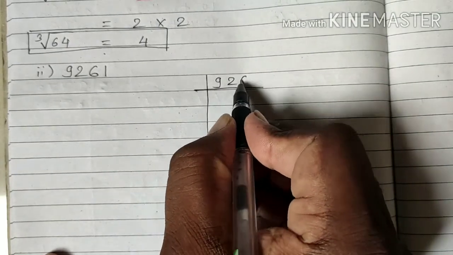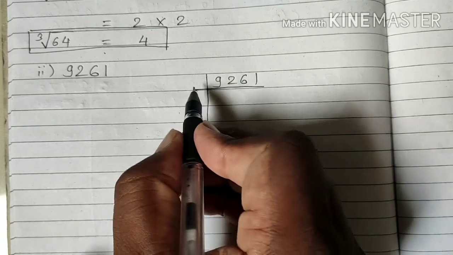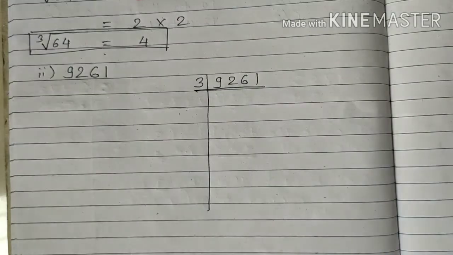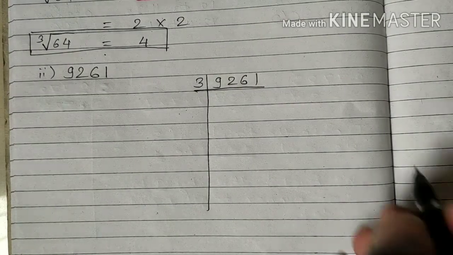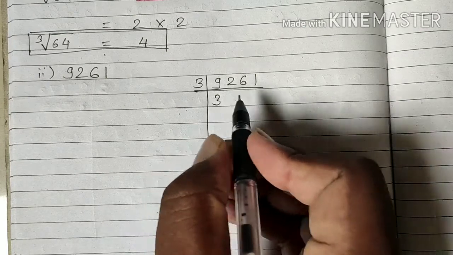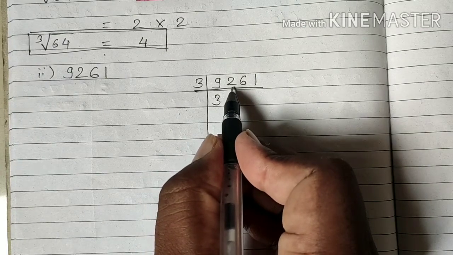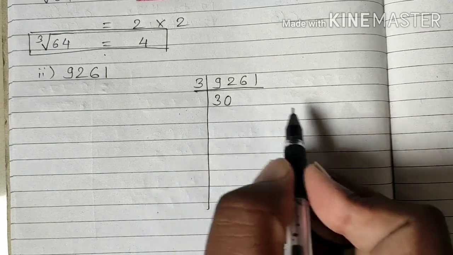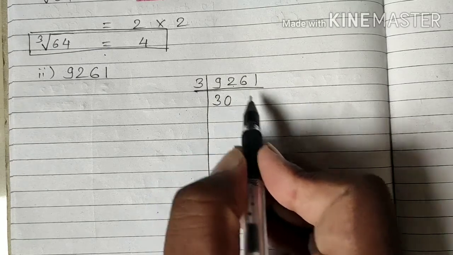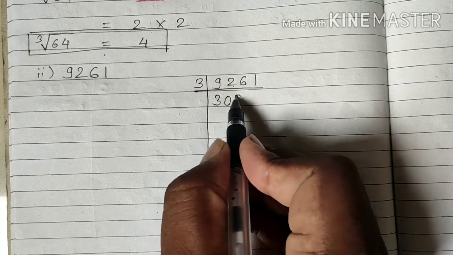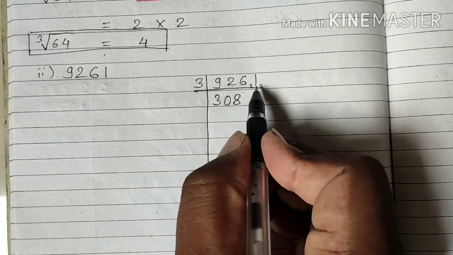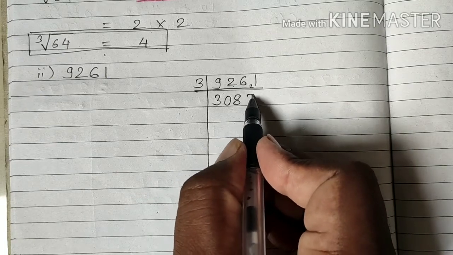Let us divide it by 3. We can divide it by 3. 3 3s are 9. 2 is not included in the 3's table, so we should take 0. Now it becomes 26. 3 8s are 24. 2 is remainder. 21 is this.